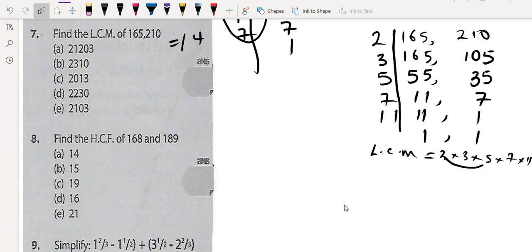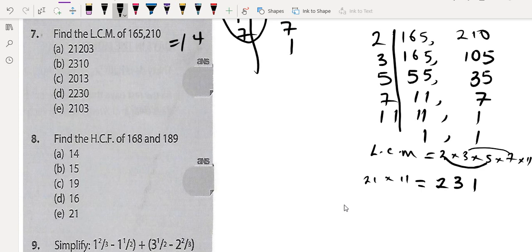Okay, the easiest way is to look for 10. 2 times 5 is what? 10. Then 3 times 7 is what? 21. 21 times 11 is what? Listen to the question I'm asking you. 21 times 11 gives us what? 231.